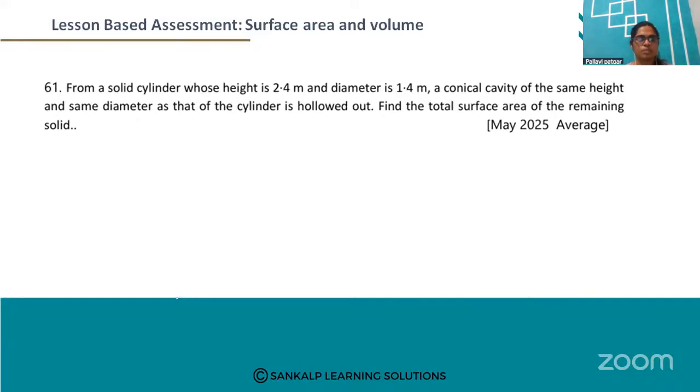Look at the question number 61. From a solid cylinder whose height is 2.4 meter and the diameter is 1.4 meter, a conical cavity of the same height and the same diameter as that of the cylinder is hollowed out.